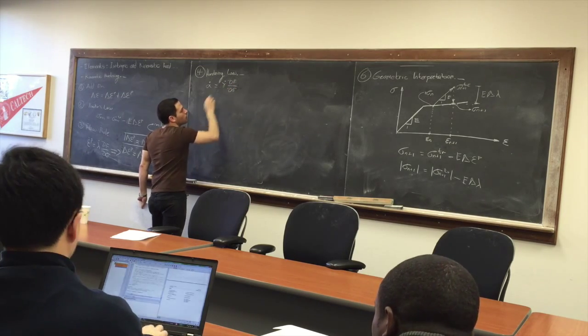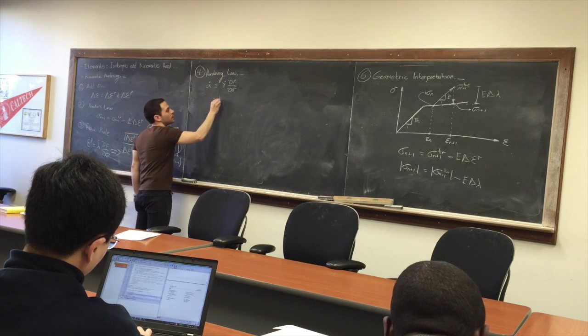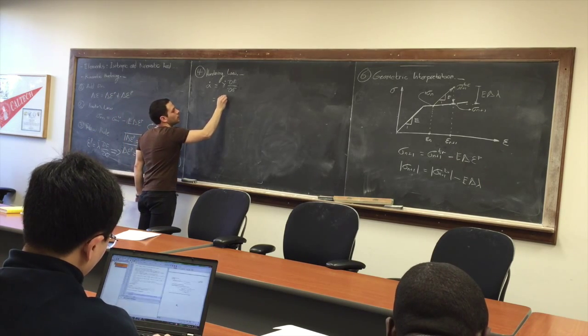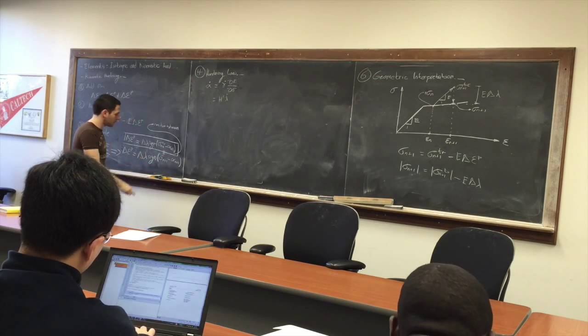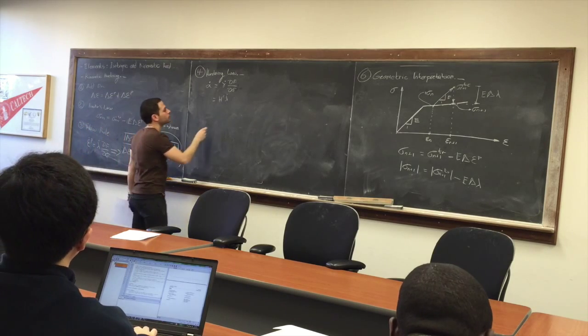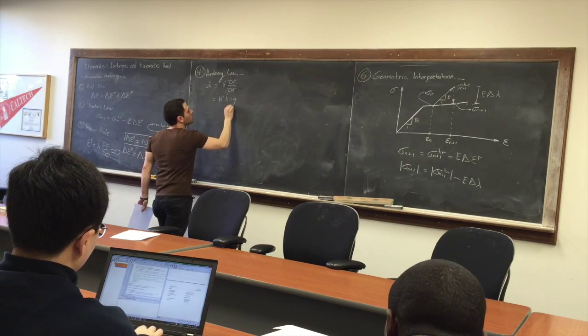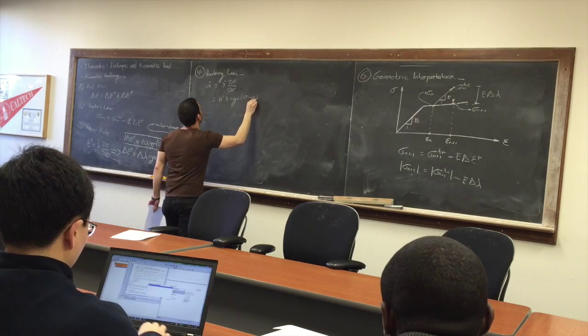But this gamma dot was equal to what? H prime lambda dot. And this for the kinematic hardening, again, this one, sign of sigma minus alpha.